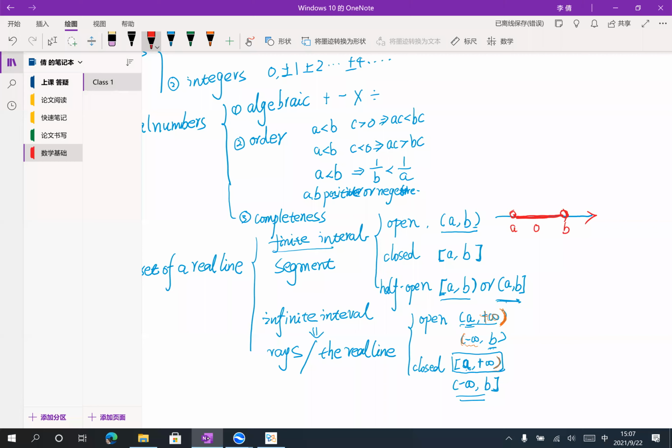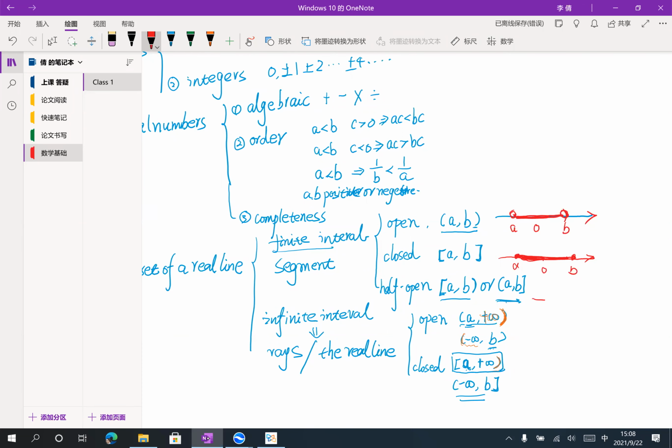So this open interval is like this on the real line. If AB is a closed interval, we draw a solid circle on each point, and all the numbers between are in this interval, so we draw a line between A and B. So this is a closed interval.